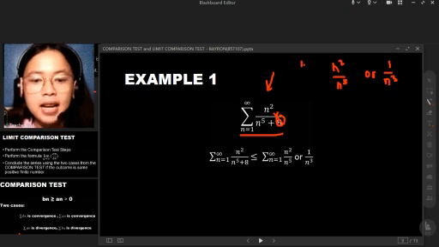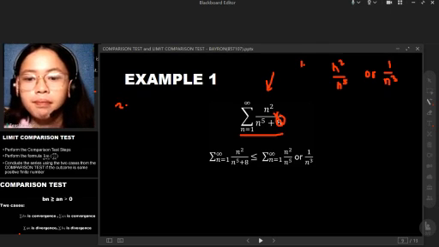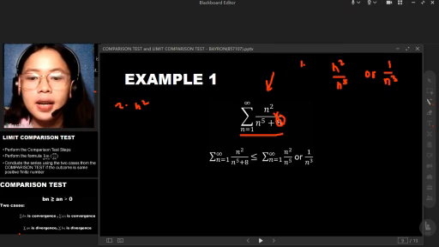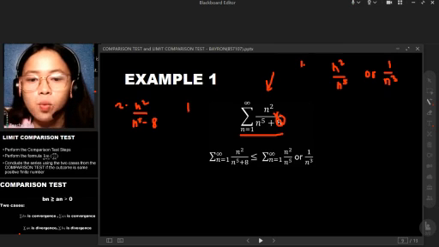Okay? And we have here, we're going to compare n squared over n raised to the power of 5 minus 8, and 1 over n raised to the power of 3.